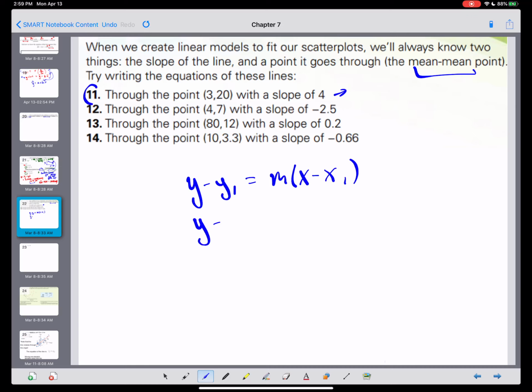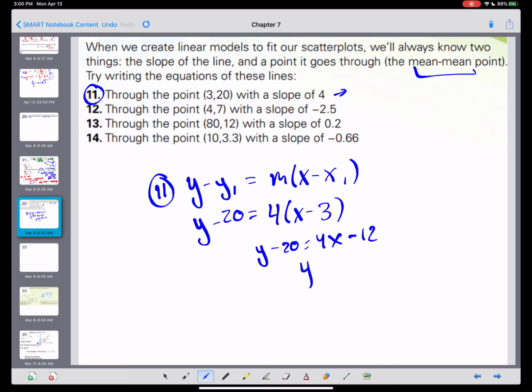Okay, so I'm doing number 11 right now. So that's y minus y1, which is 20, is equal to your slope, which is 4, times x minus your x1, which is 3. So this is number 11. So y minus 20 is equal to 4x minus 12. Y is equal to 4x plus 8. So that's your equation of that line.